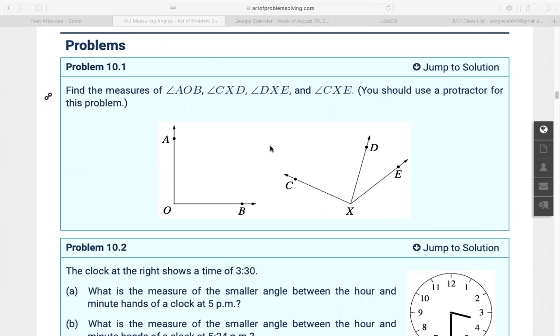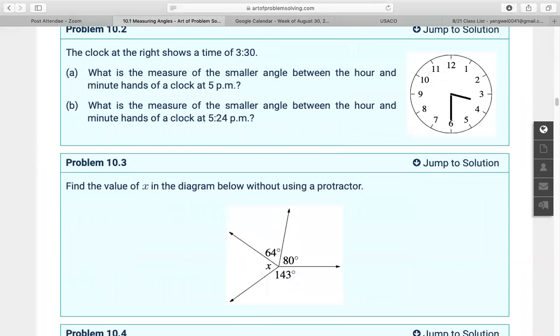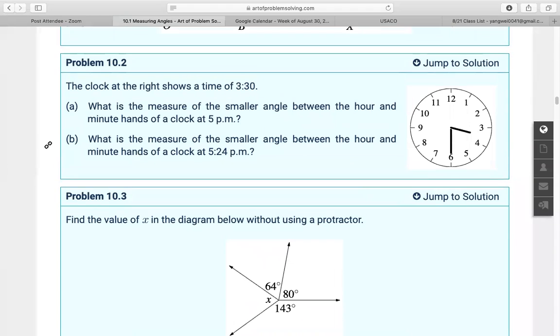Okay, so now let's go to the next problem, 10.2. This problem says the clock at the right shows the time of 3:30. Now this clock shows the time is 3:30.